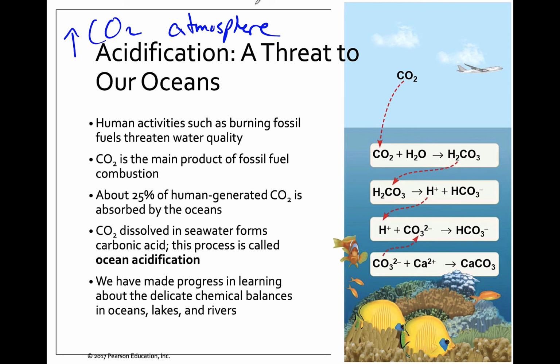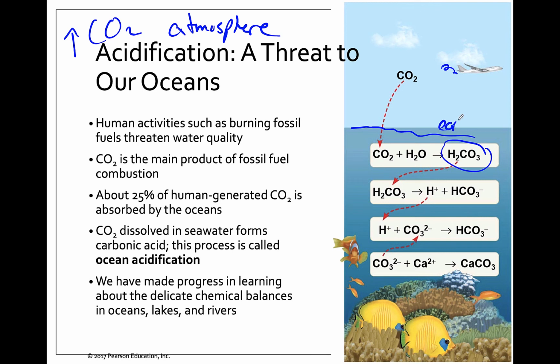CO2 actually dissolves pretty well in liquid. The huge majority of the surface of the Earth is ocean, so a large amount of CO2 from this airplane will get dissolved into the ocean. And it will combine with the water to form carbonic acid.